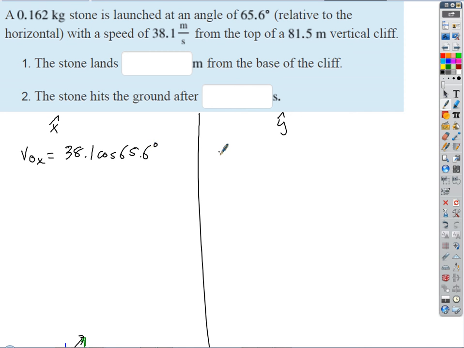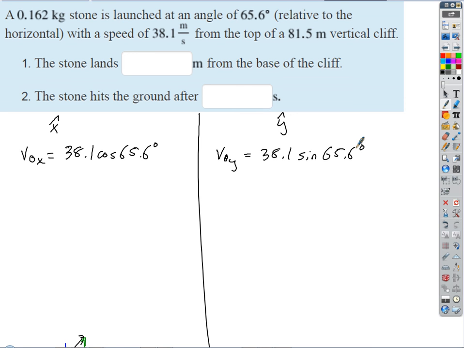In the y component, v naught sub y is 38.1 sine 65.6 degrees. Once again, just a big ugly number.